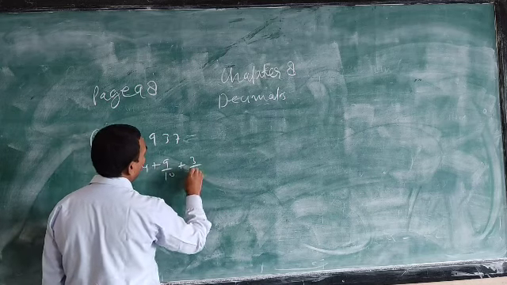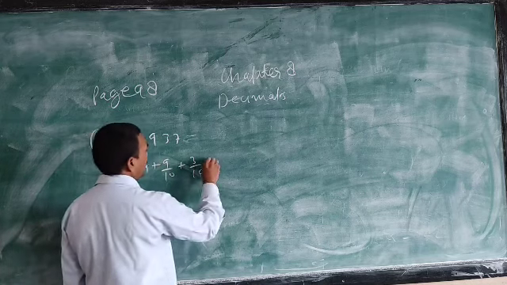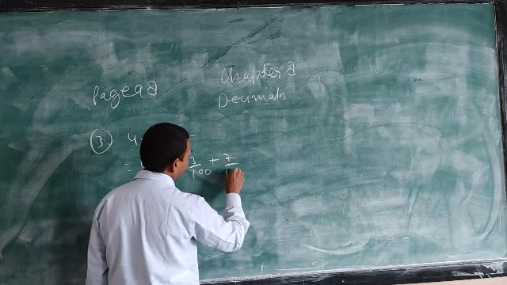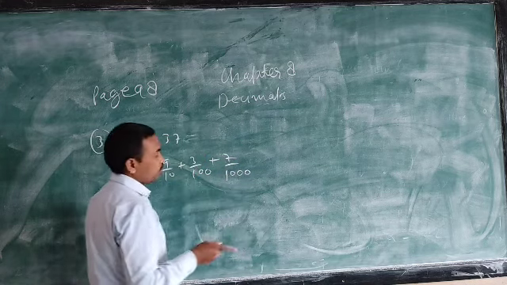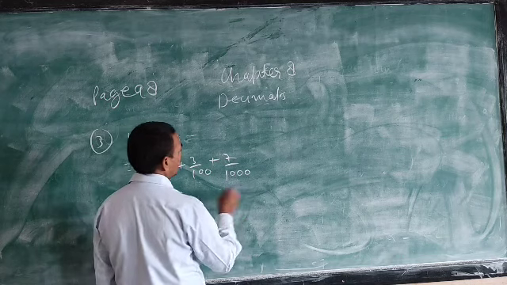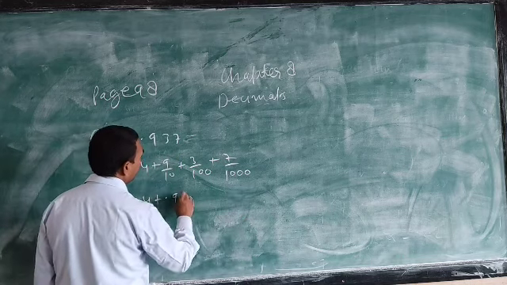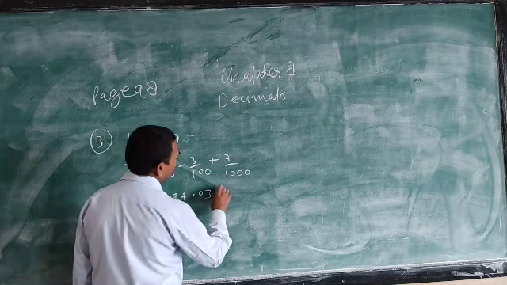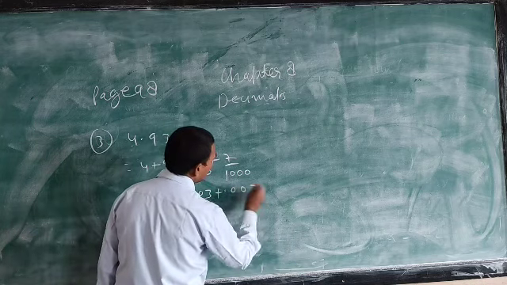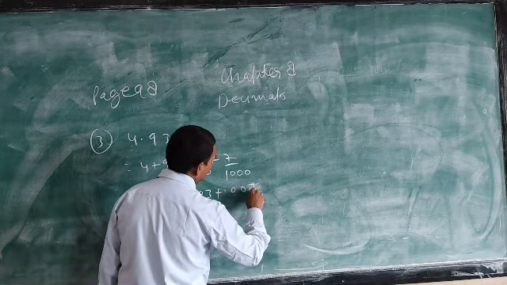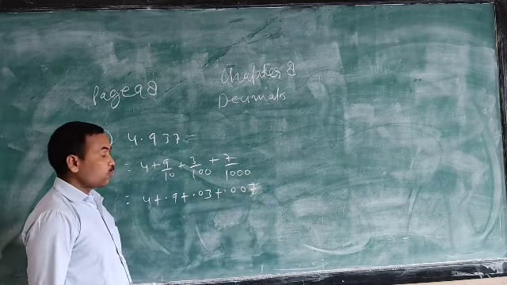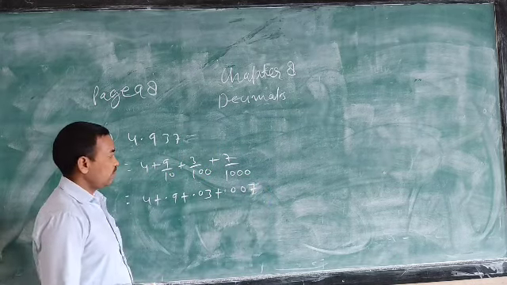This is 3 by 100, and 7 by 1000. This was fractional form, and decimal form is 4 plus 0.9 plus 0.03 plus 0.007. The third decimal place is known as the thousandths place.